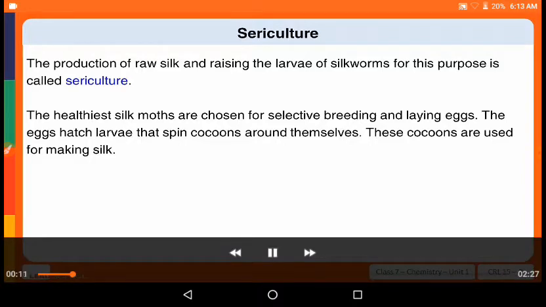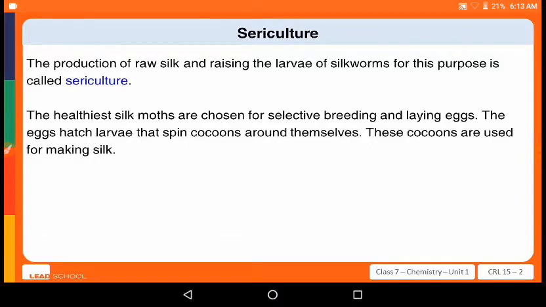The production of raw silk and raising the larvae of silkworms for this purpose is called sariculture. The healthiest silk moths are chosen for selective breeding and laying eggs. The eggs hatch larvae that spin cocoons around themselves.